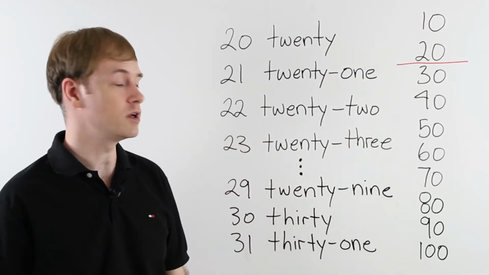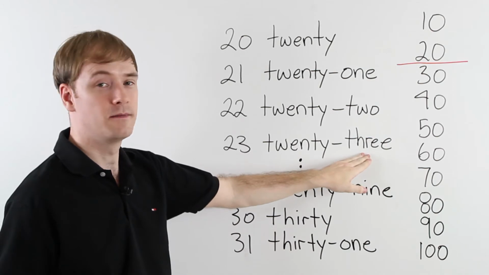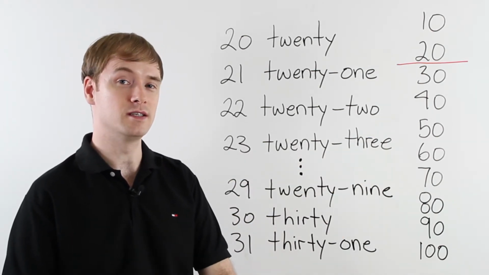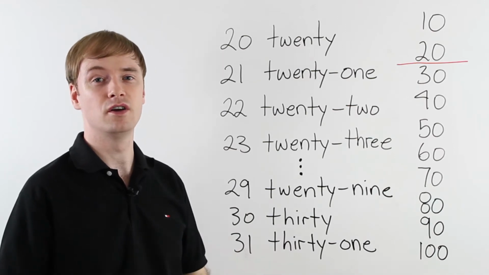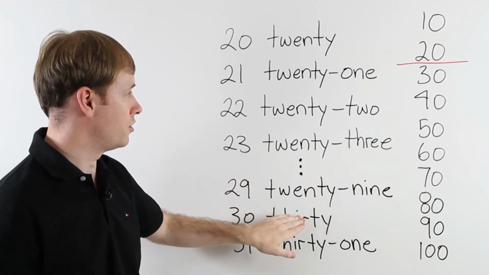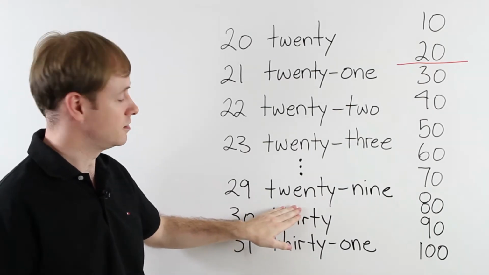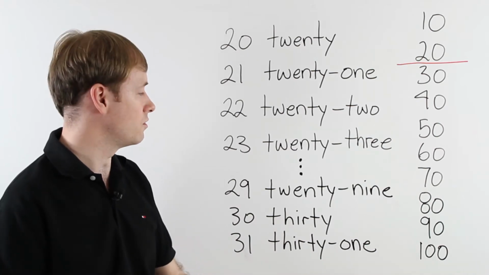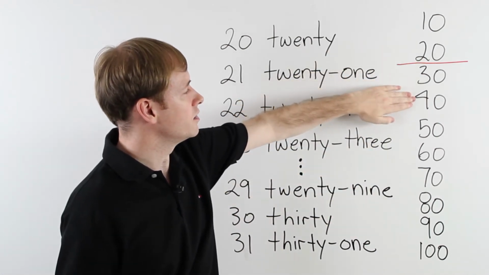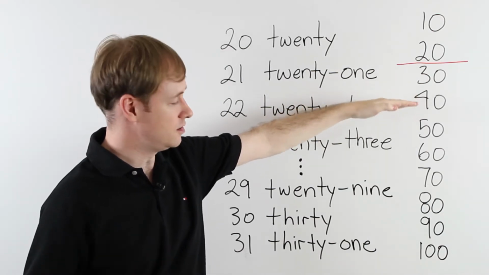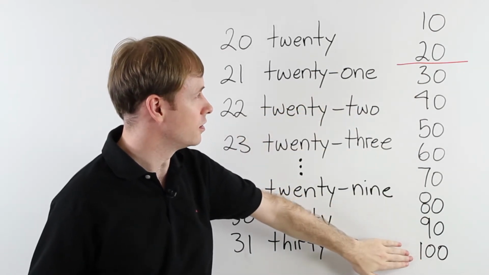And after 22, 23, 24, 25, 26, 27, 28, 29, 30. And then it continues again, 31, 32, 33, all the way to 40. And then 41, 42. It continues this until 100.